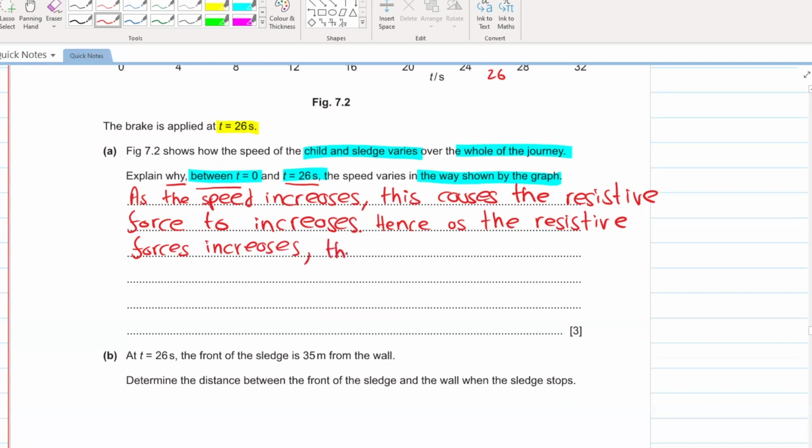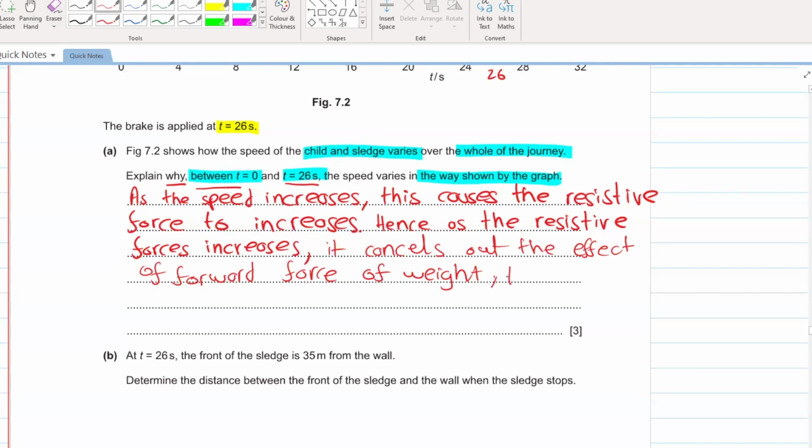The total resultant force, you can say, hence as the resistive force increases, it cancels out the effect of the forward force of weight.